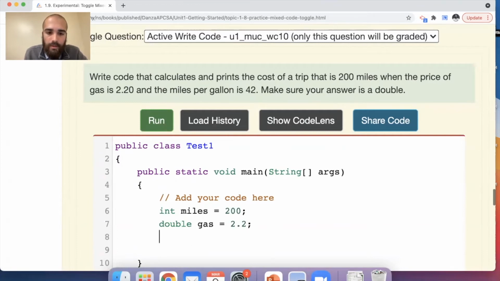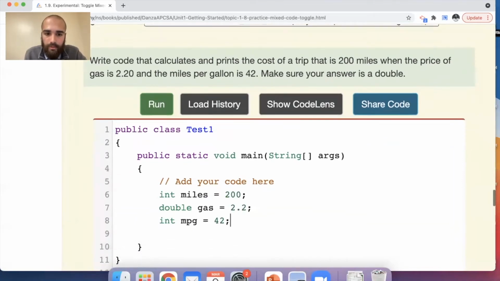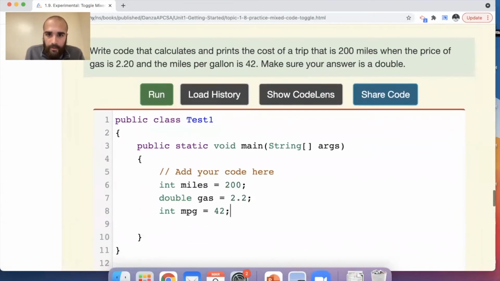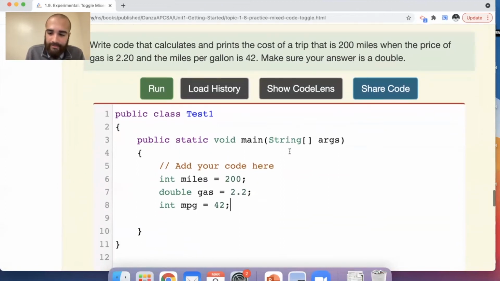And I'll say miles per gallon, MPG, is equal to 42. All right. Make sure your answer is a double. See, I'm getting better at reading. All right, and look, I entered twice. Things are just getting better, and it's all lined up.